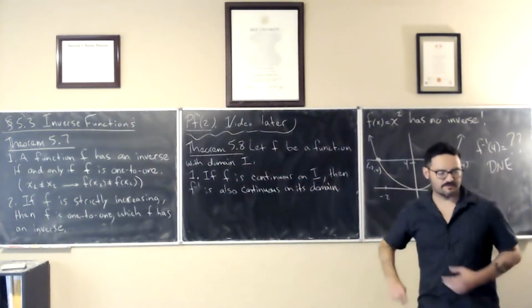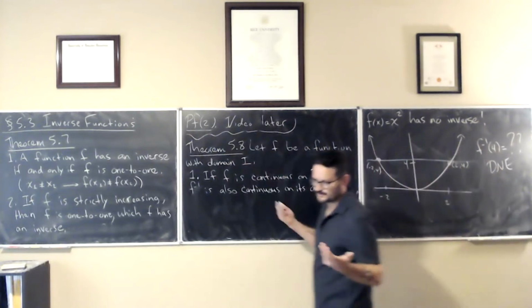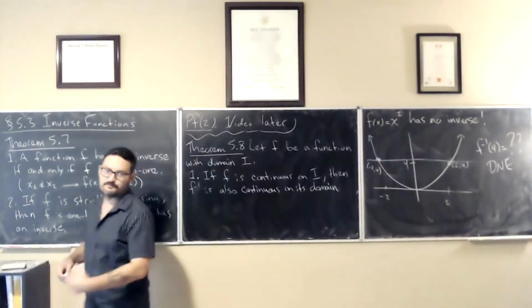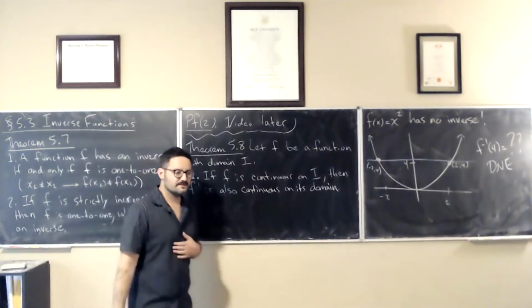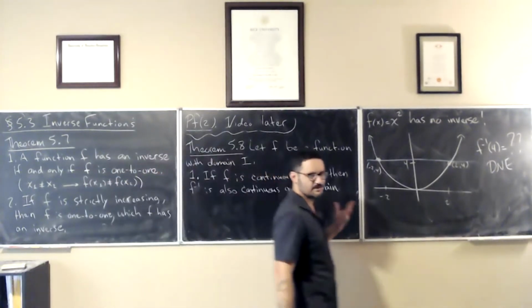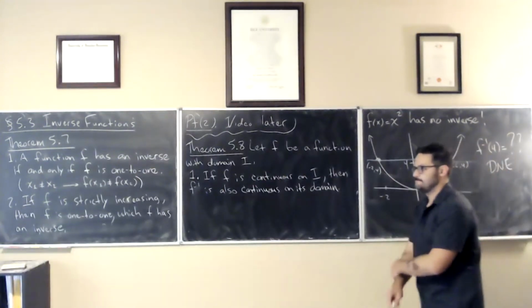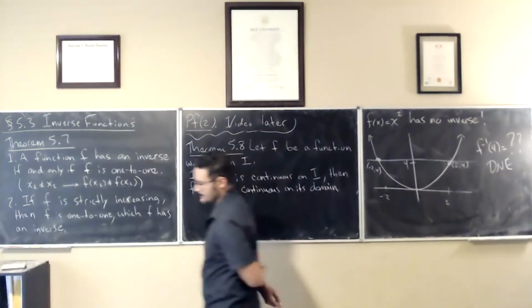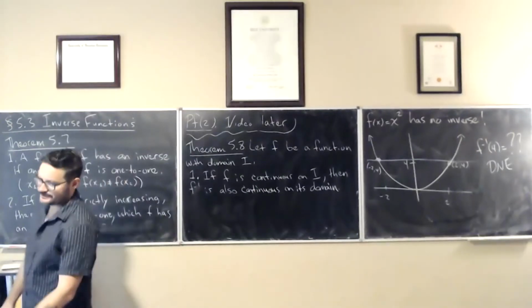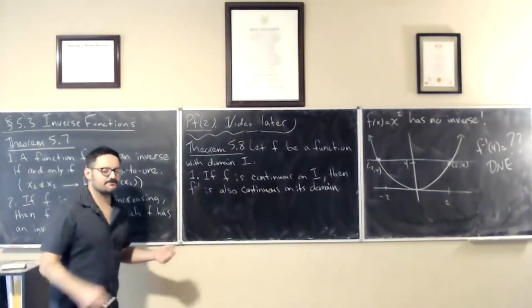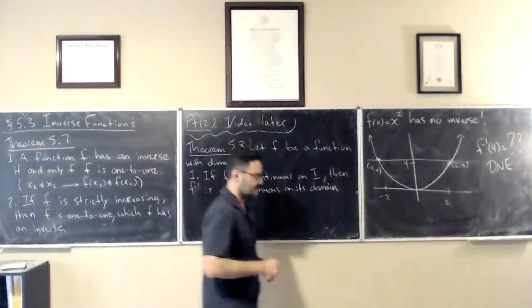So does anyone remember what it means to be continuous, generally speaking? You don't have to give me the formal definition, but just vaguely describe what it means to be continuous. There's no gaps, no breaks in the graph of the function. Right. It's somewhat connected. If you try to draw the graph, it'll be connected.